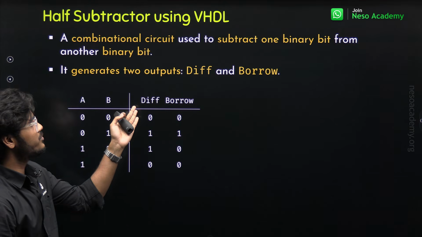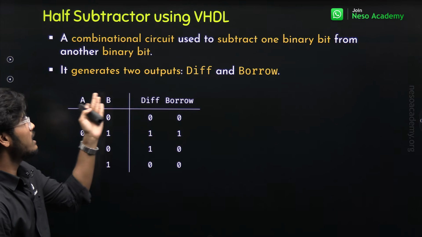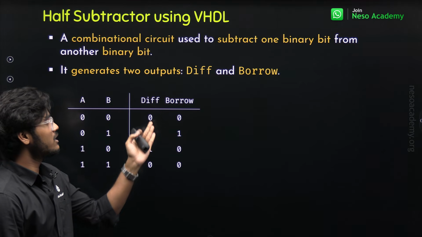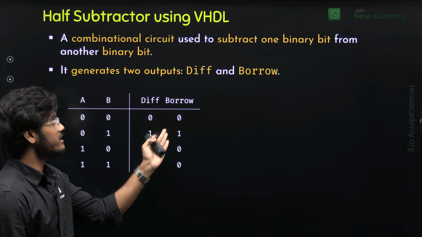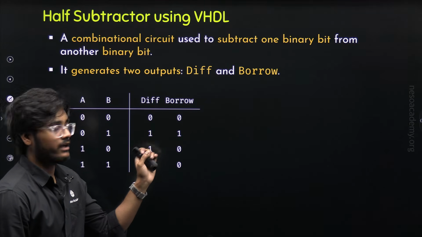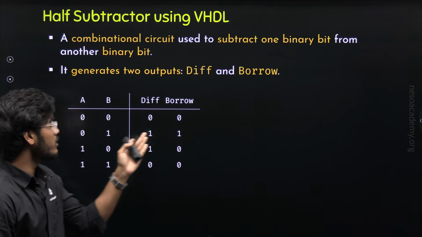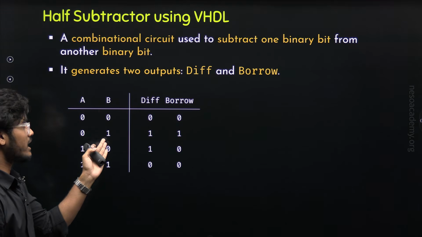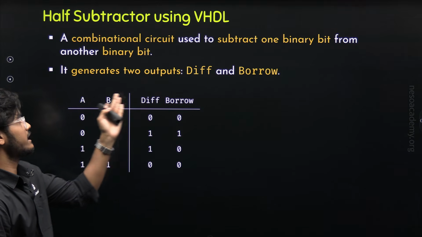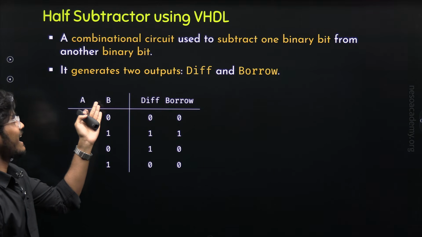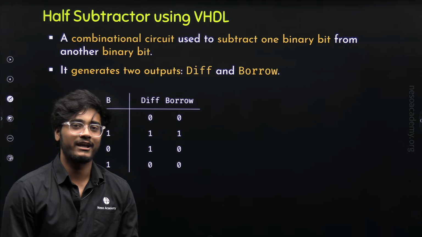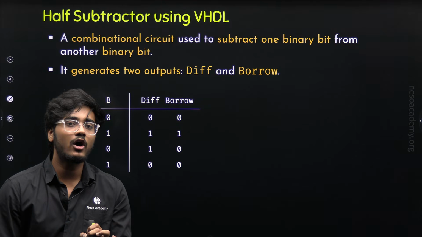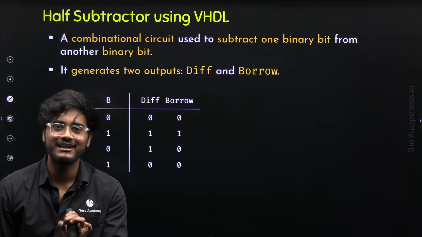So, output difference is equal to A XOR B. Now, for borrow, look at the row where borrow is equal to 1. Here, borrow is equal to 1 only for this row, when A is 0 and B is 1, which means borrow is equal to A complement and B. So here we are getting difference as A XOR B and borrow as A complement and B.